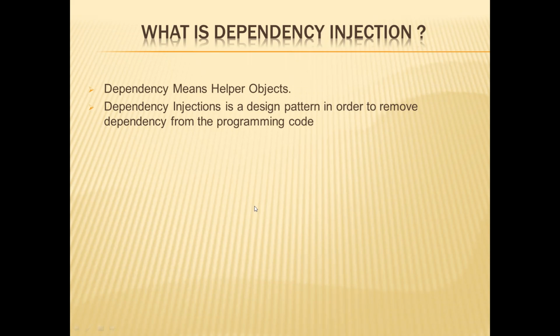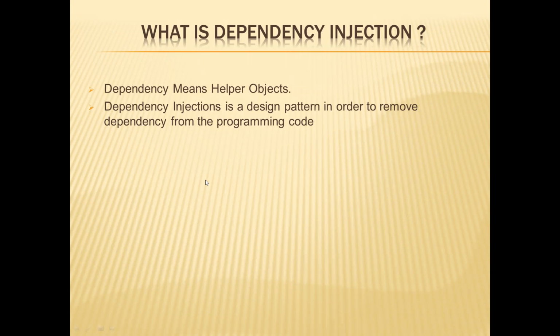In core Java, as a programmer, you need to write this piece of code by yourself. But in Spring Boot or the Spring Framework, the container handles these kinds of dependency injections by itself.